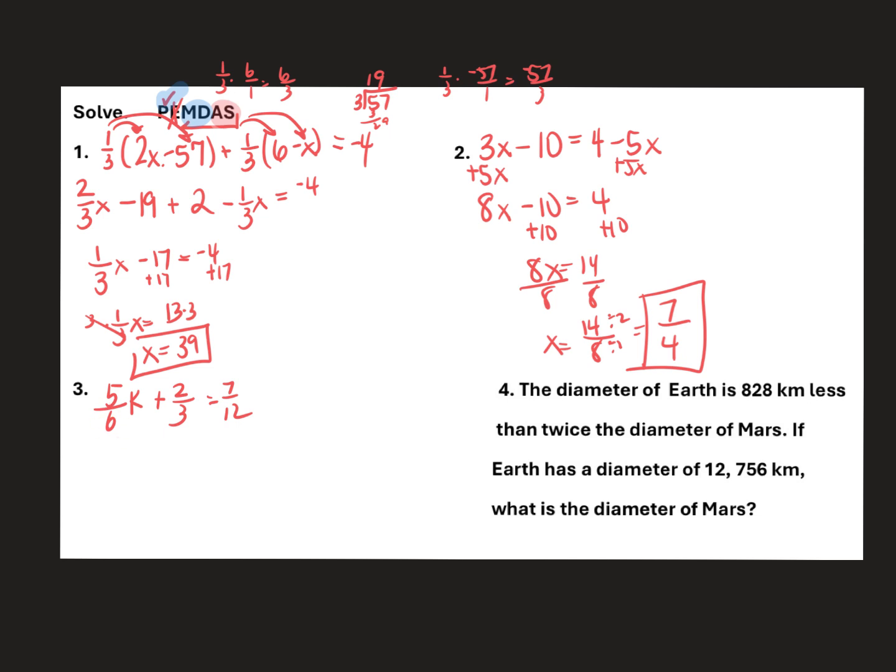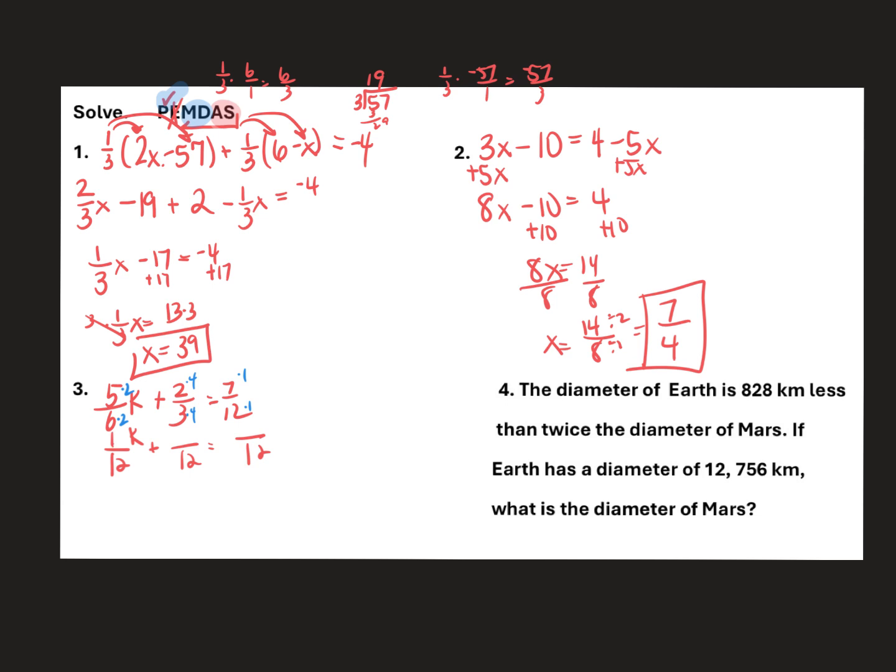As I look at 6, 3, and 12, the common denominator would be 12. Six times 2 equals 12, so I'll multiply 5 times 2. 3 times 4 equals 12, so I'll multiply 2 times 4. 12 times 1 is 12, so I'll multiply 7 by 1.